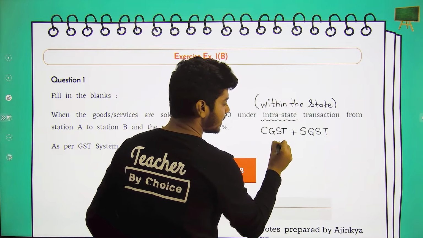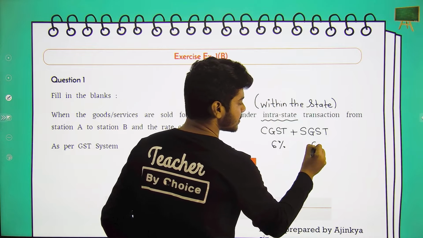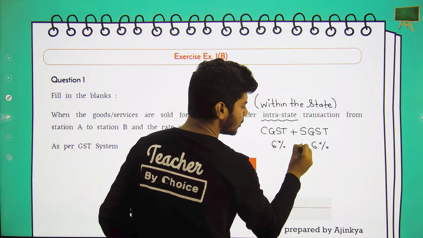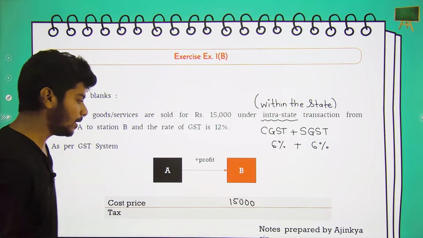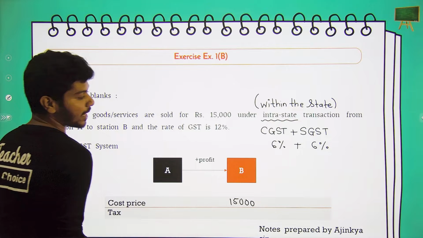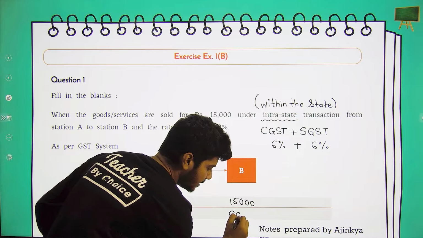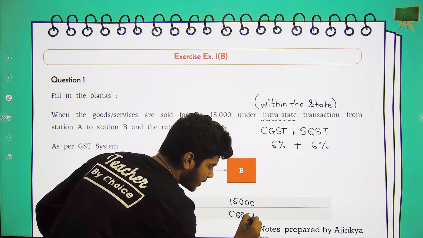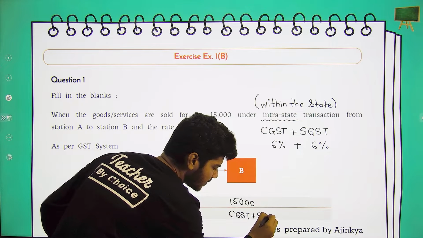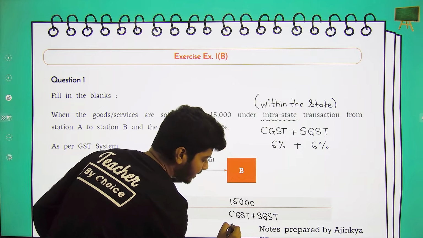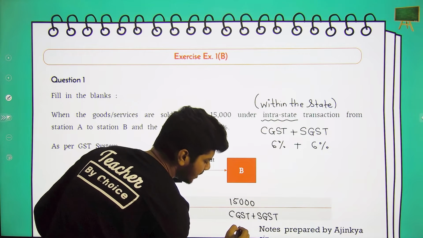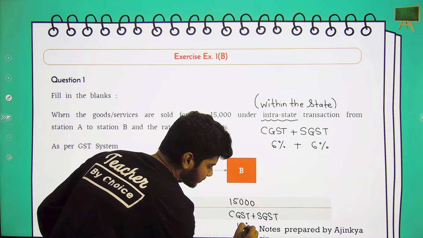So let's calculate this 6% and 6% over here. Total would be 12%. In this case, the tax charged would be CGST plus SGST, which is equal to 6 plus 6, 12%.